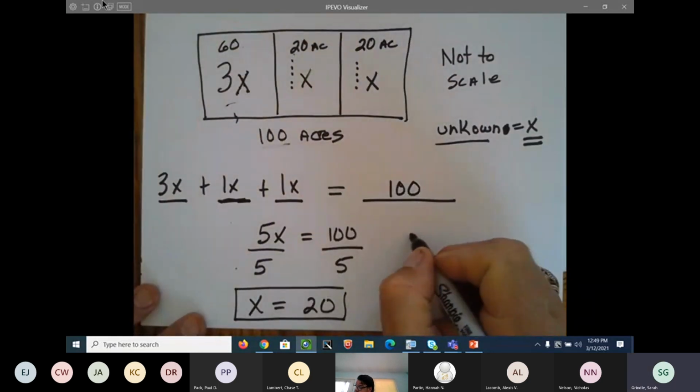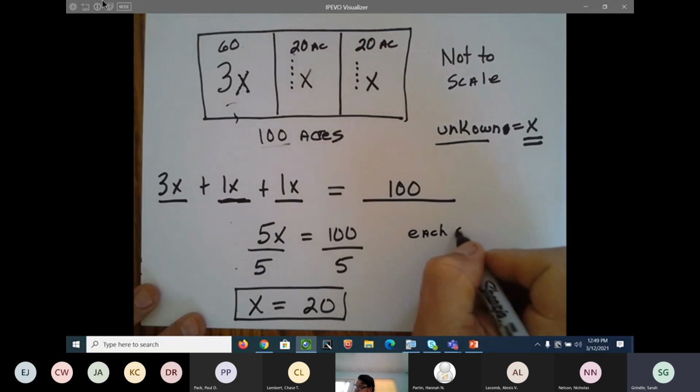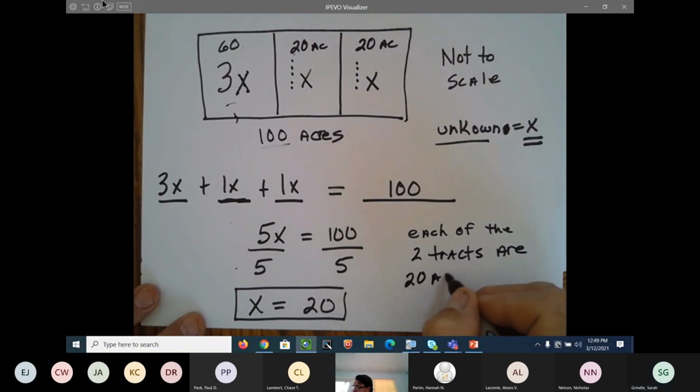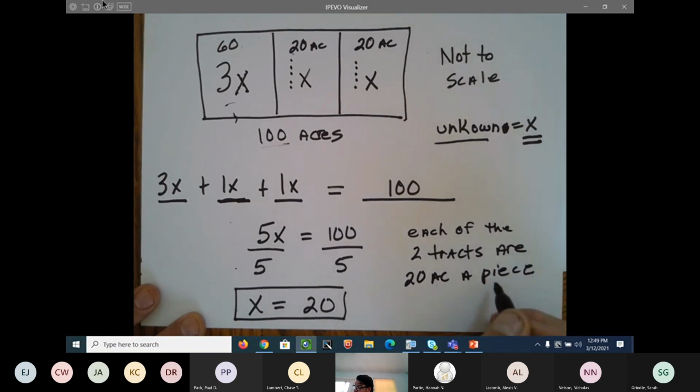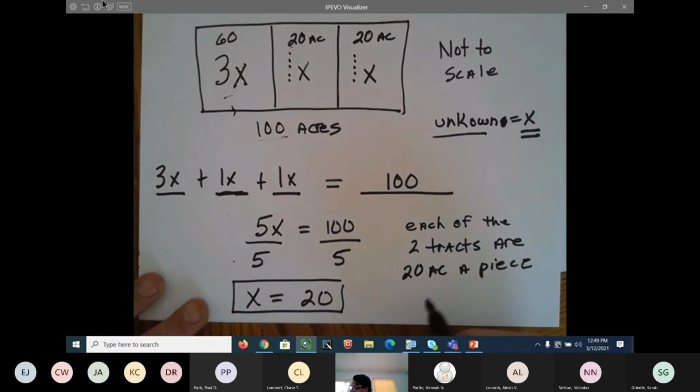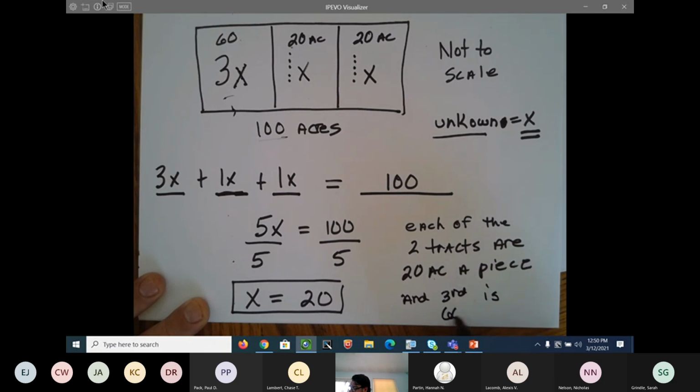So each of the two tracks are 20 acres apiece. Now, I always forget how to do the I before E. I don't need anybody to teach me, but I think that's right. All right. And the third is 60 acres.